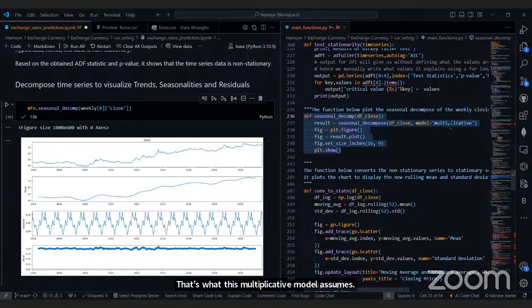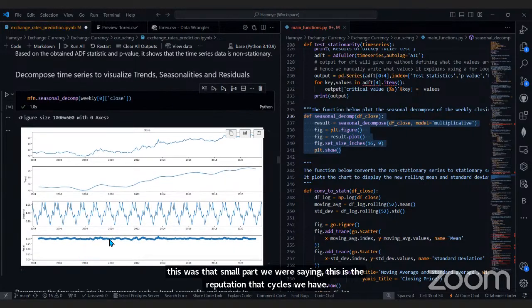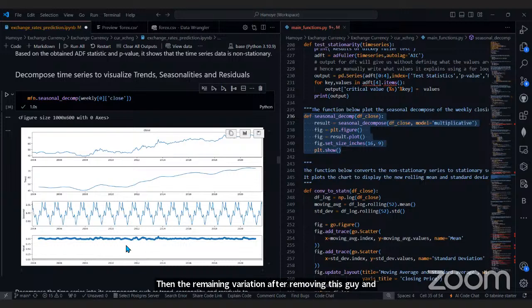So we have the trend, the long-term movement in the data. Then we have the seasonal, the repeating short cycles. This was that small pattern we were saying. Then the remaining variation after removing this and this is what remains in the data.